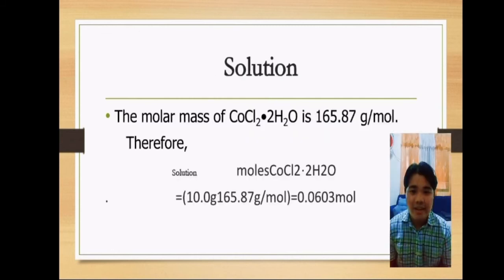Solution: the molar mass of CoCl2·2H2O is 165.87 grams per mole. Therefore, moles of CoCl2·2H2O equals 10.0 grams over 165.87 grams per mole, which is 0.0603 mole.